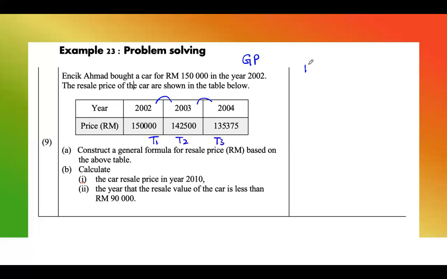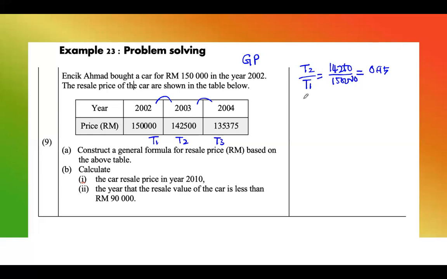So term 2 divided by term 1. So it's 14,250 divided by 15,000. Okay, so you get 0.95.